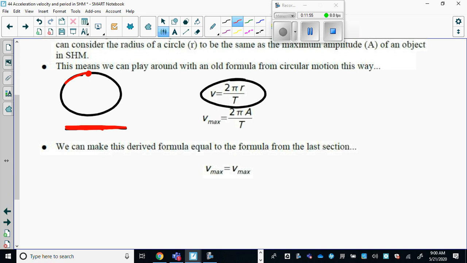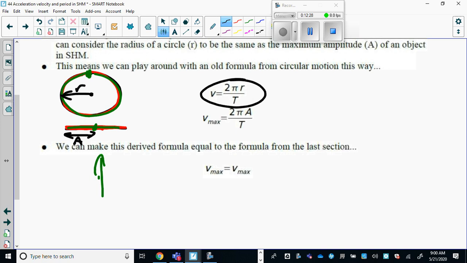If this is going around in a circle like this, and you have this dot and this dot, as this goes back and forth and as this goes in a circle, they will exactly match up if you're looking at it from this angle. Therefore the amplitude in the simple harmonic motion equals the radius of the circle.